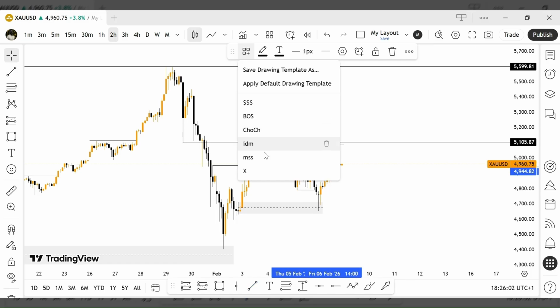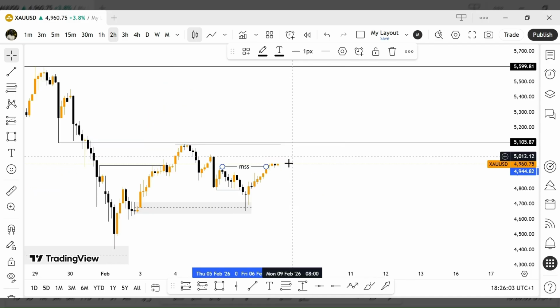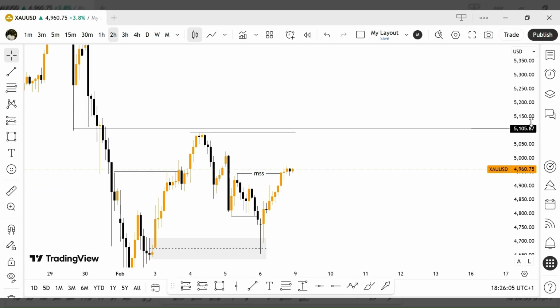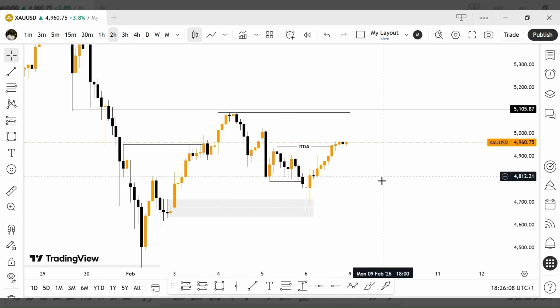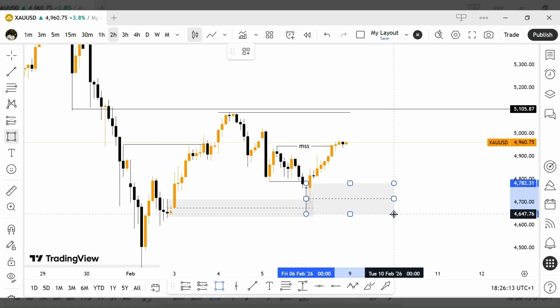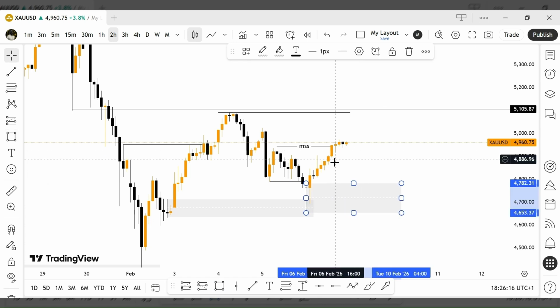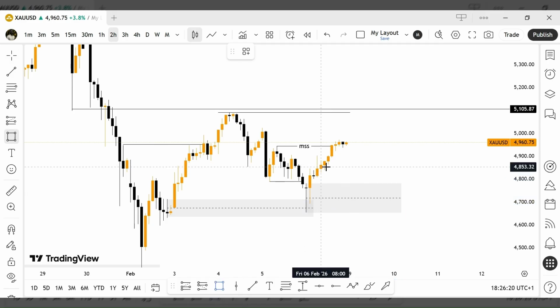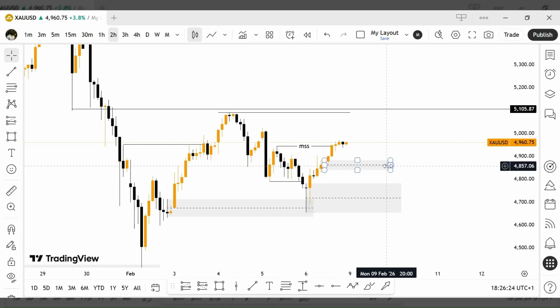Market structure shift. And after a market structure shift, you look for the origin that gave rise to that structure shift. So market might bounce all the way down here or decide to react from any of these order blocks here. So all these order blocks are valid. So it depends on which one the market wants to use, right? So that's that. It's easy.